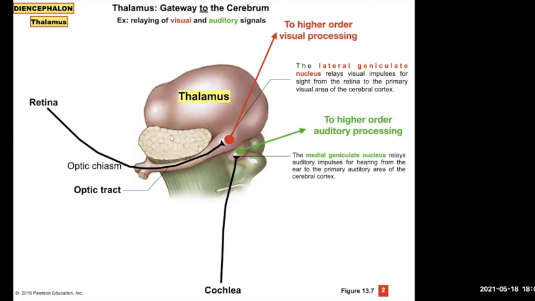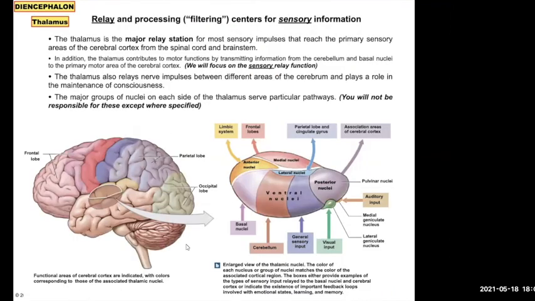And really importantly, it's filtering. So don't worry about all the details here. You will not be responsible for these except those last two I just mentioned. But I want to point out that the reason your brain can think, I want to focus on the back of my thigh right now and feel a lot of pressure on it, is because other parts of your brain can talk to the thalamus and say, focus on the back of the thigh, or be on the lookout for a snake in the pathway.